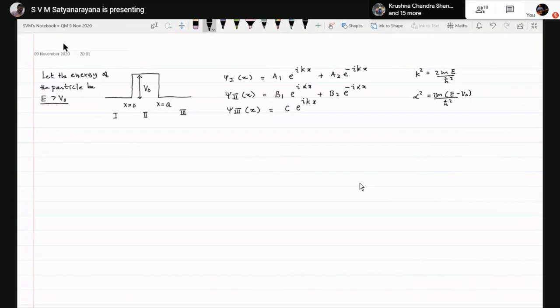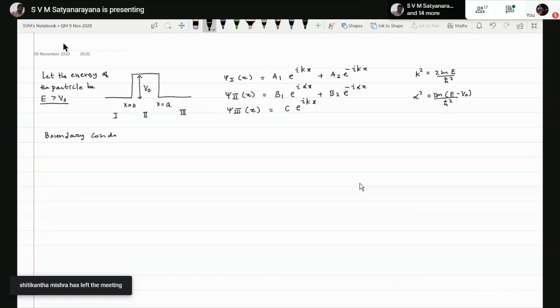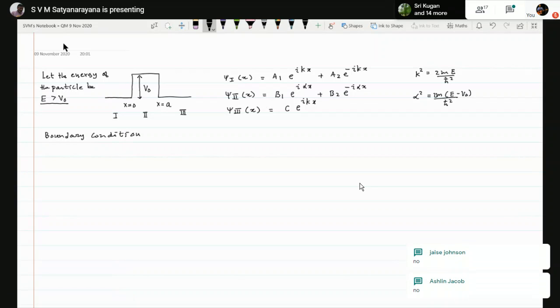Now we have to use boundary conditions, at the 2 different potential variations. One is at x equal to 0. So there are totally 4 boundary conditions. Psi 1 at x equal to 0 is the same as psi 2 at x equal to 0.